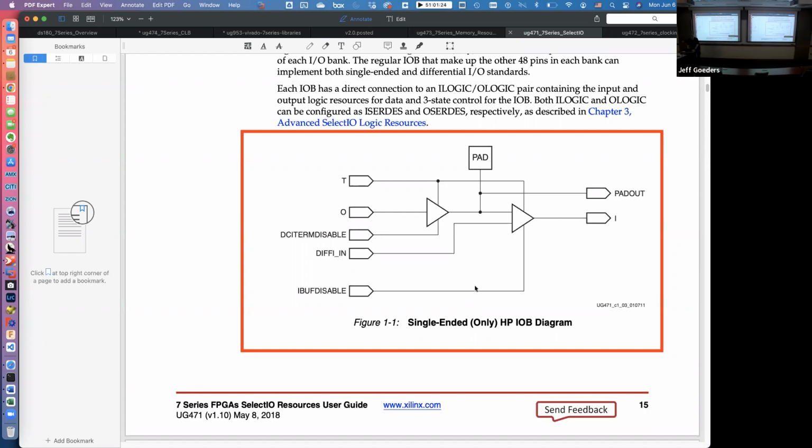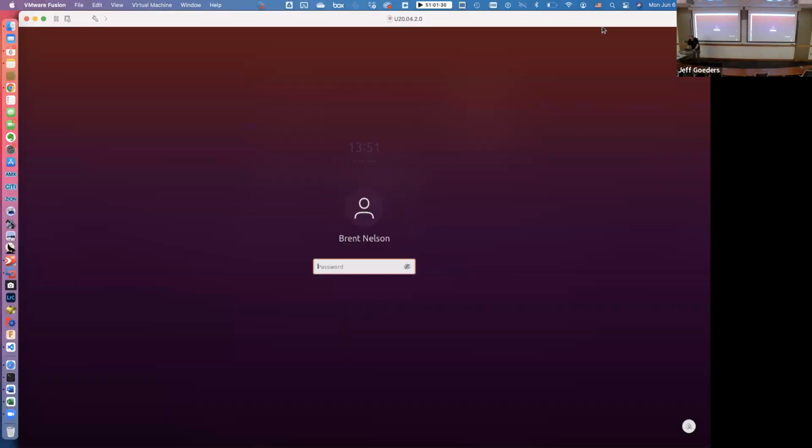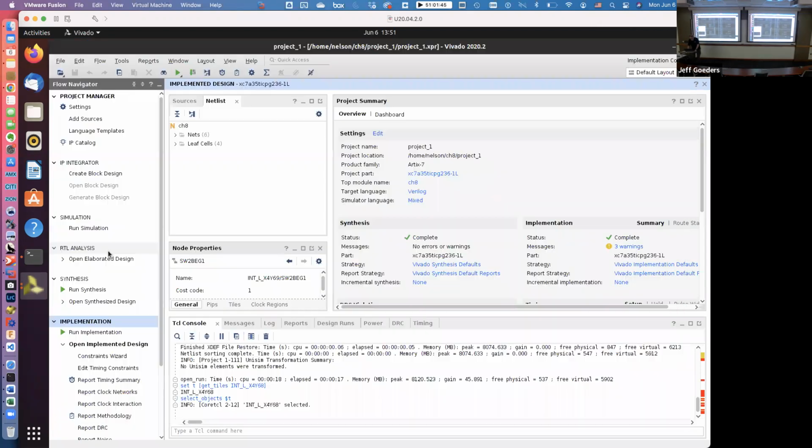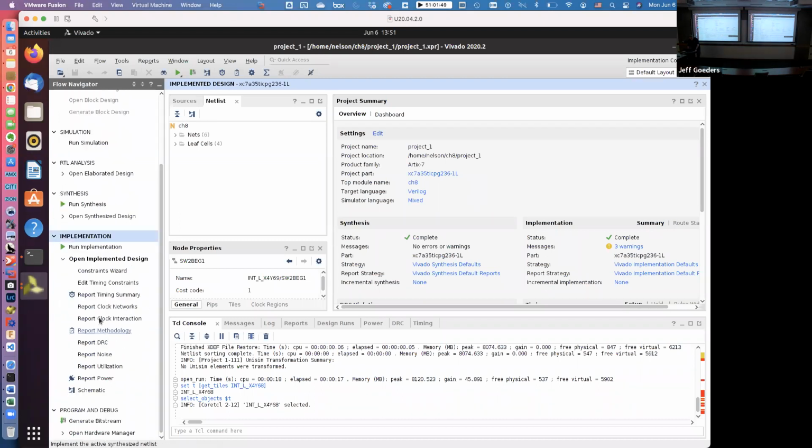Okay, as promised, let's fire up a little bit of Vivado and just start poking around, okay? So I have Vivado running here. After you synthesize and implement your design, there is a button called Open Implemented Design right there.